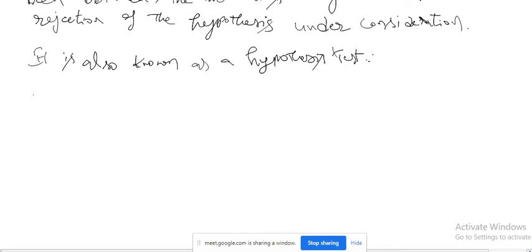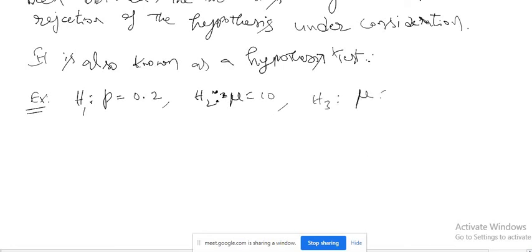Say for example, H: p equals 0.2. That means some p value for binomial distribution, p is 0.2. Or another hypothesis saying that mu is 10, some population mean mu equals 10, or say mu less than or equal to 10, or any statement regarding population.